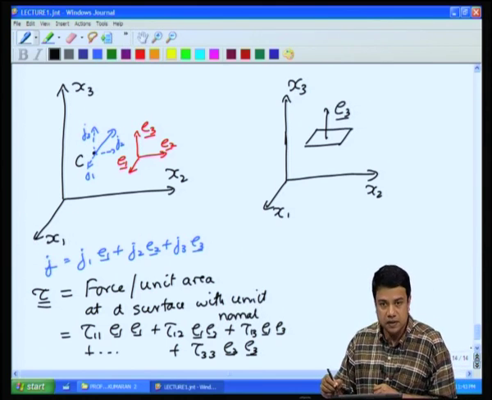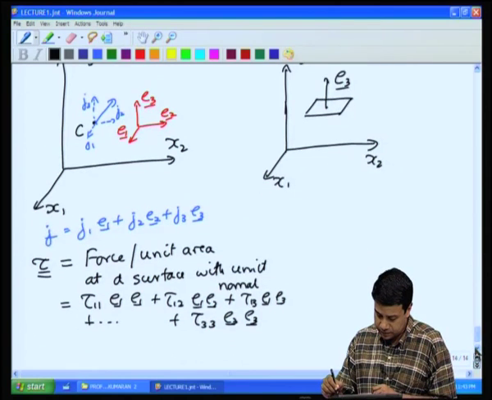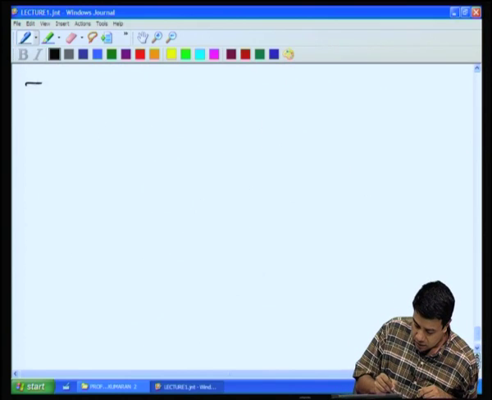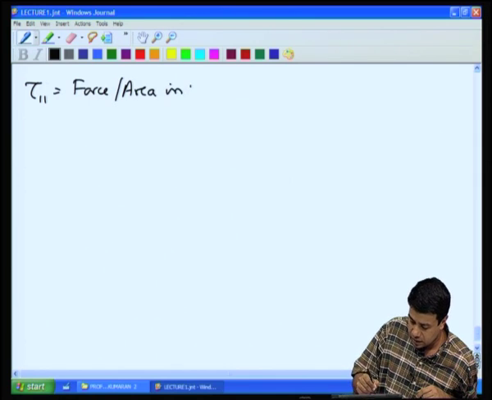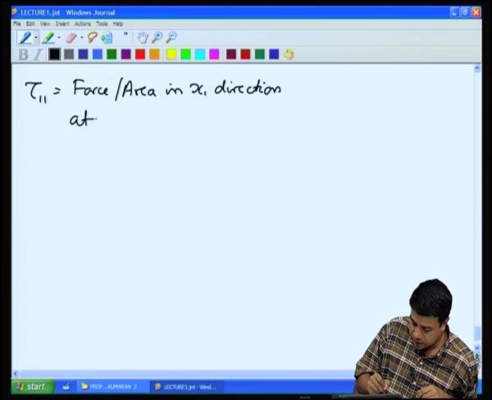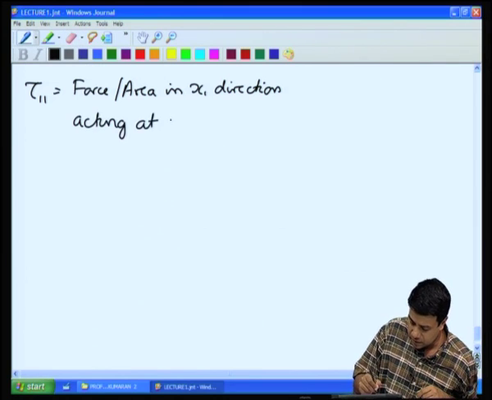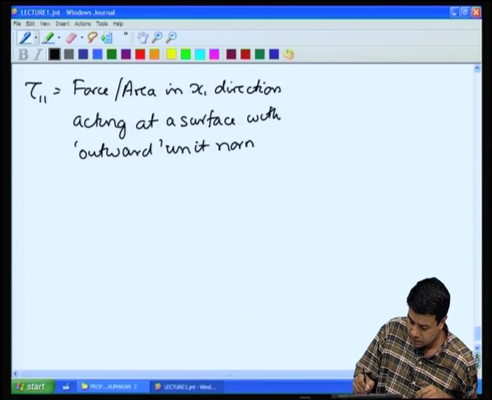Okay. So, it has a total of 9 components. Okay. What does each of these components mean? Tau 11 is equal to force per area in x1 direction acting at a surface with unit normal in x1 direction.